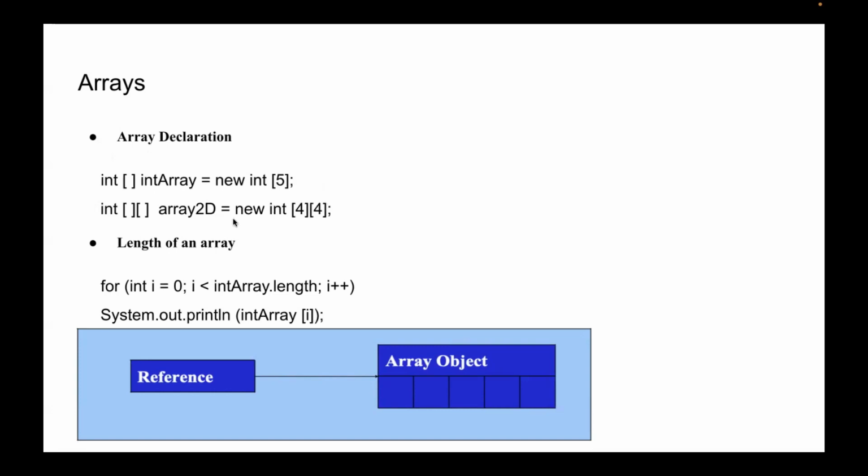Now, what is this second? You are seeing these two square brackets here, right? Are you able to see these two square brackets? Yes. So what do these two square brackets mean? This means that this is an array of arrays.